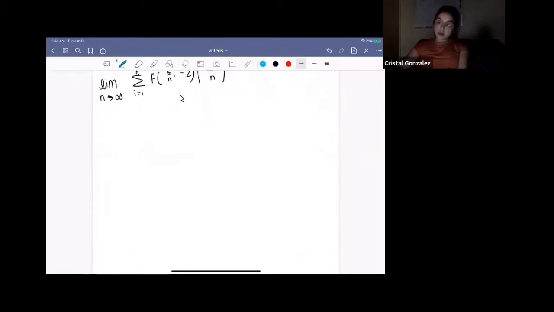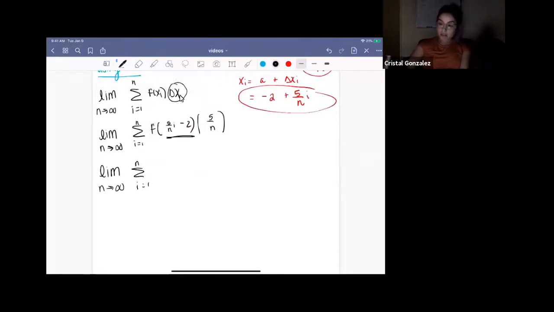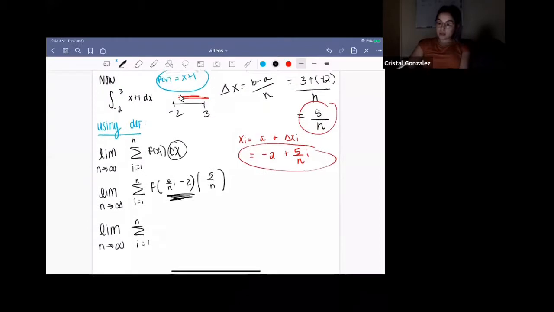And so now we're going to get the limit as n approaches infinity, and now we're going to replace f of x by its actual function, x plus 1. Our x value we're replacing is 5i over n minus 2. So x plus 1 is our function.